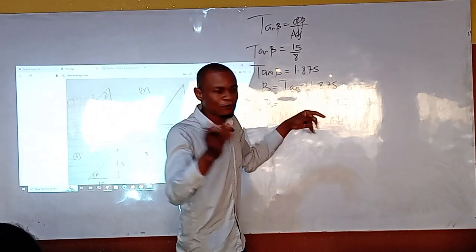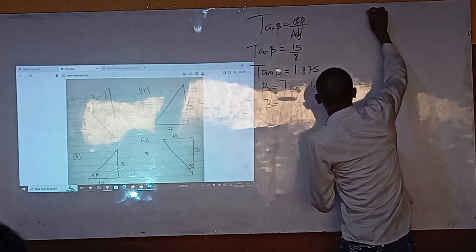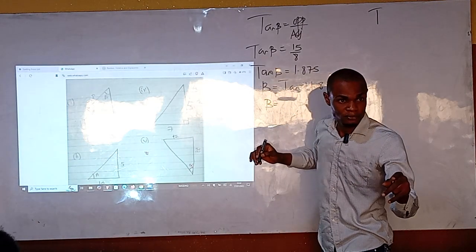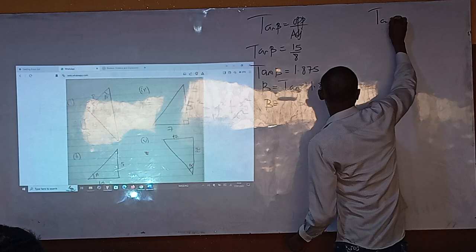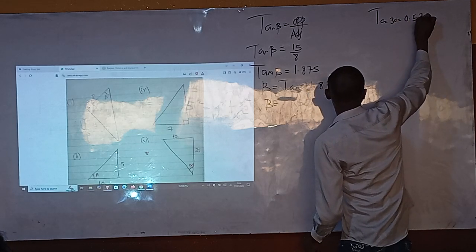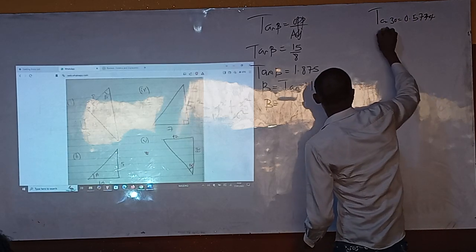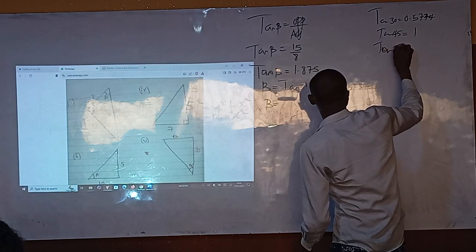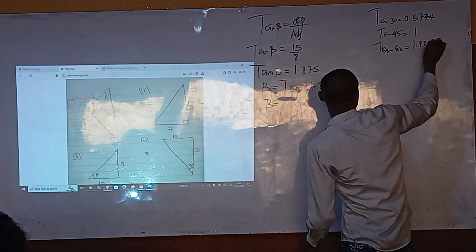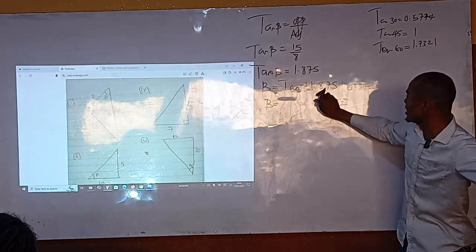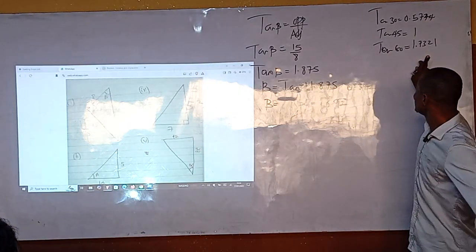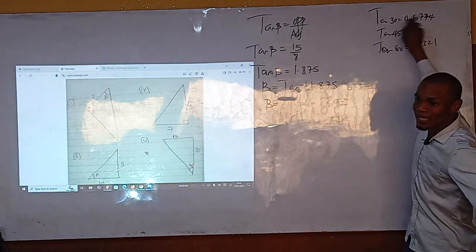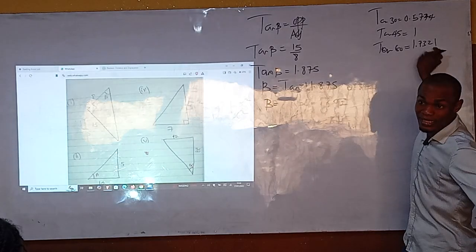Even though you don't ask your scientific calculator, I have taught you yesterday that tan 30 is 0.5774, tan 45 is 1, tan 60 is 1.7321. If you check, this value here is greater than this value. So therefore, if you take it the other way, tan inverse of 1.7321 will be 60 degrees.